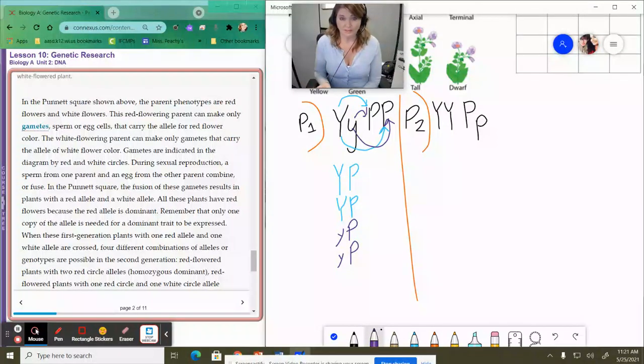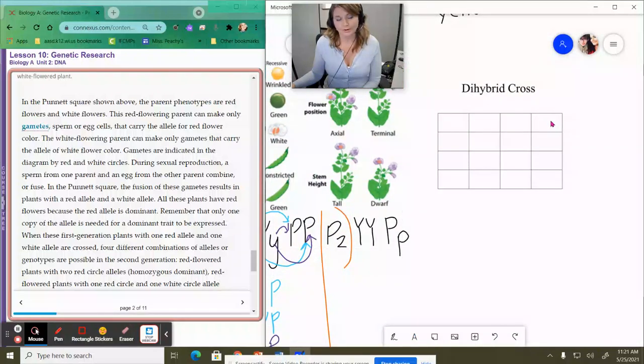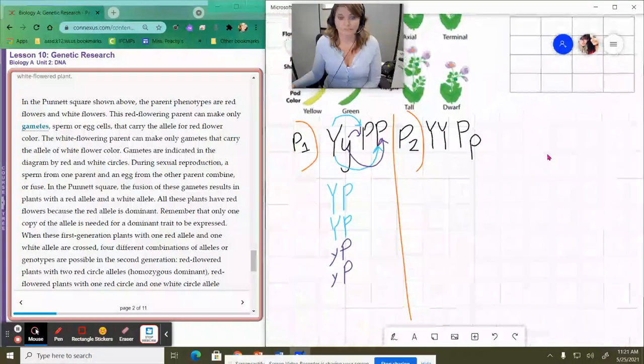So there's 4 potential combinations for each one. There's always going to be 4 potential combinations. When we look at our grid, there's 4 boxes going on the top and 4 boxes going down the side. So that's where those 4 different combinations are going to go.